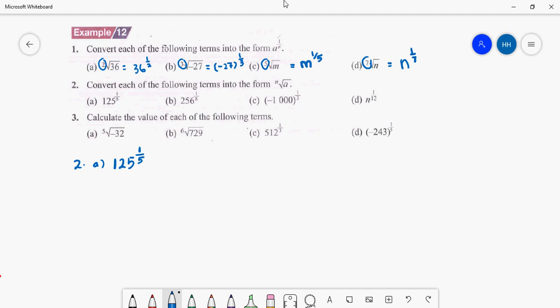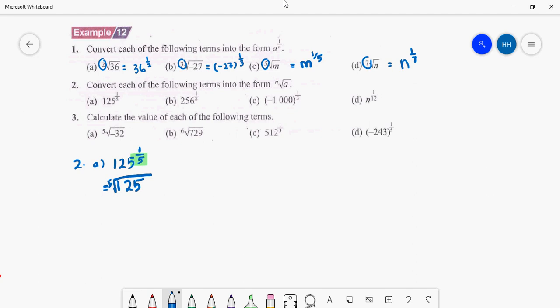You see that the number here is 5. So the answer is 125, and then you have fifth root. So fifth root 125.